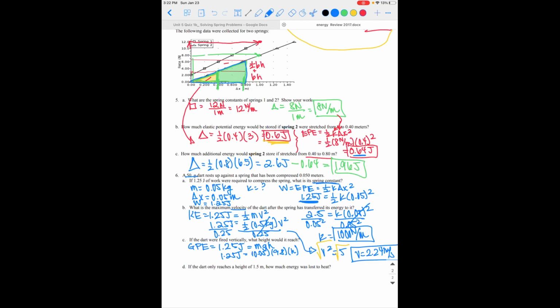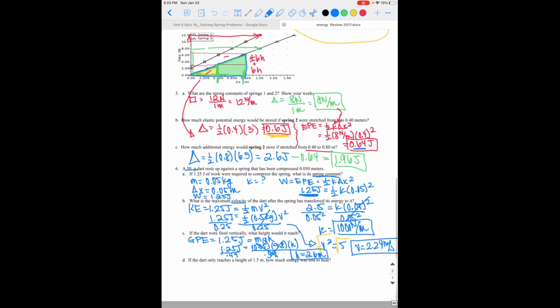If I multiply these two together, I get 0.49. So if I divide that by both sides, I get 1.25 divided by 0.49. Our height ends up being 2.6.